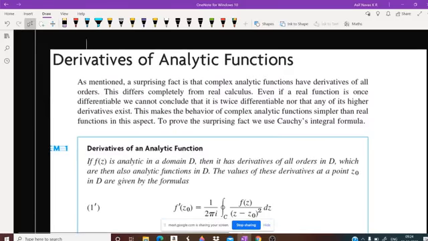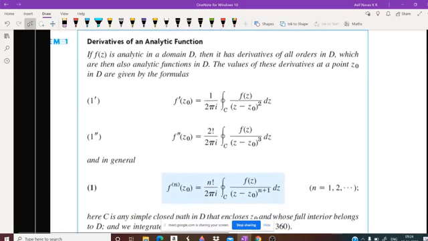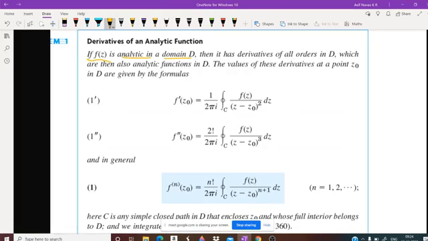This is the Cauchy integral formula. Suppose f of z is analytic in a domain D, then it has derivatives of all orders in D, which are also analytic functions in D. That means if f of z is analytic, then f dash of z, f double dash of z, all its derivatives are also analytic.